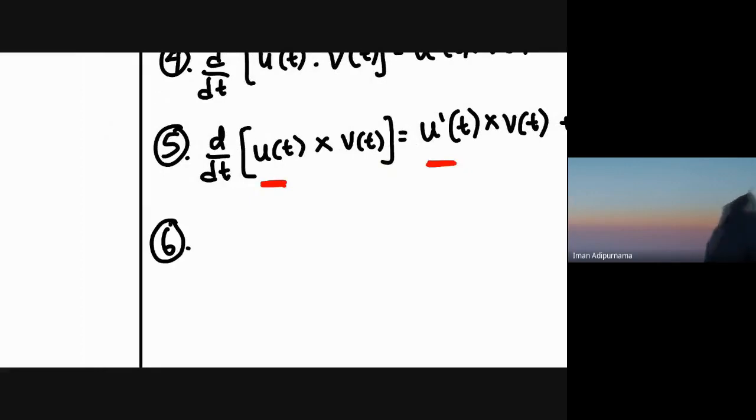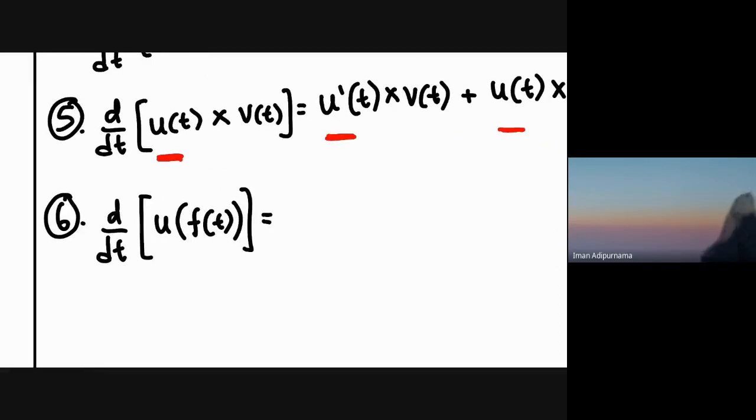Number 6, you have functions inside the vector. So it's like a chain rule.